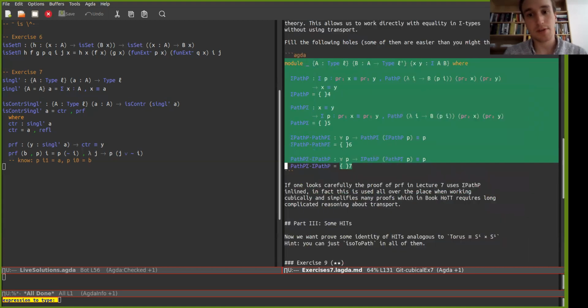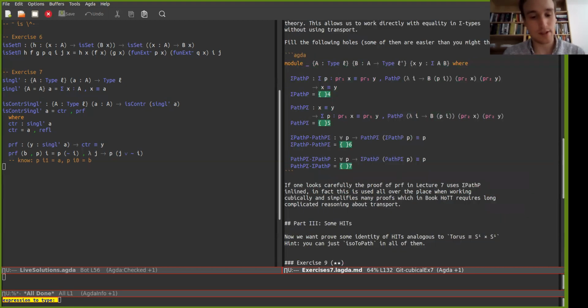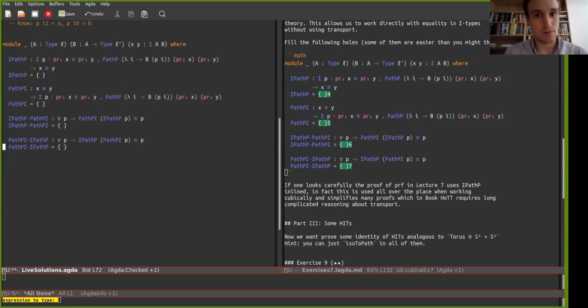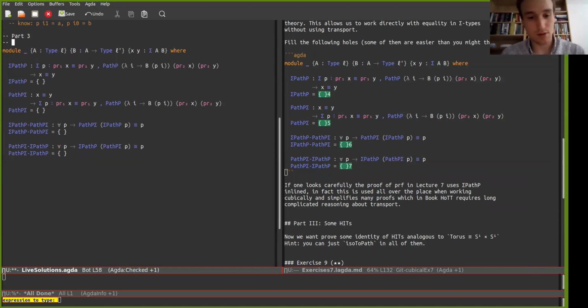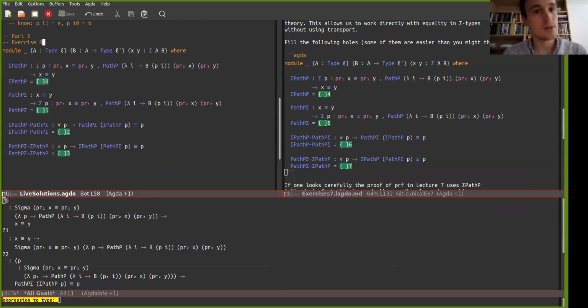Okay, so now maybe we can do the next exercise. This is part 3, exercise 8. And this one is about equality in sigma types.